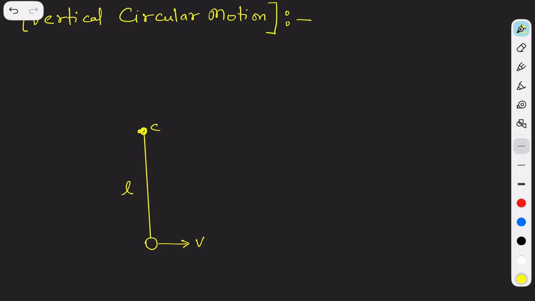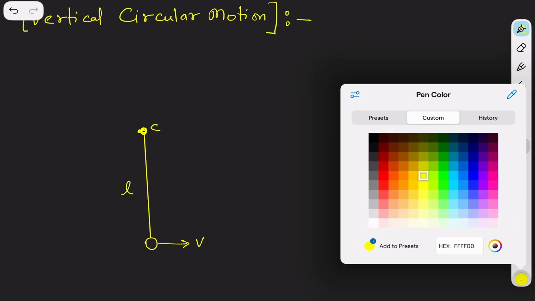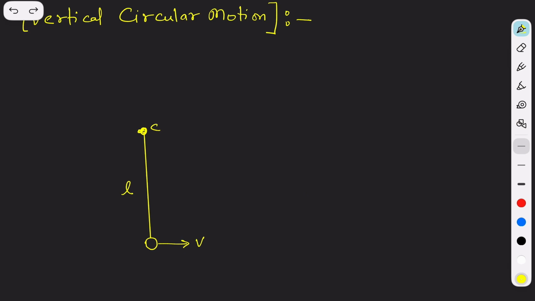Due to this velocity, the particle will go like this, and then like this, on a circular track, because it is constrained to do so. It has to follow a path where the length of the string does not change, and the only possible path is circular motion.